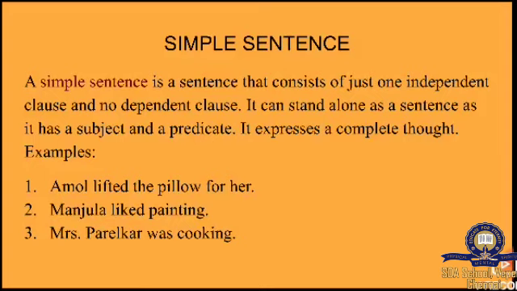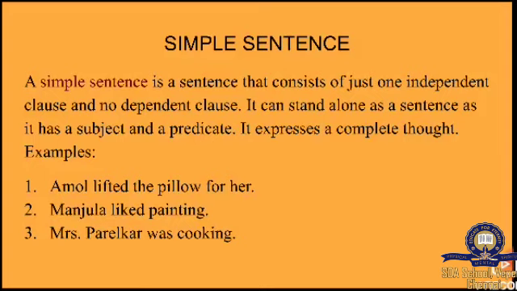Here, this sentence also is complete and is describing the action that Mrs. Palkar is doing. So now I hope all of you are clear with simple sentence. A simple sentence consists of one independent clause. It's just a sentence which makes meaning on its own.